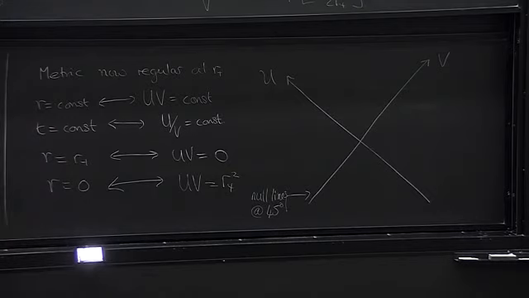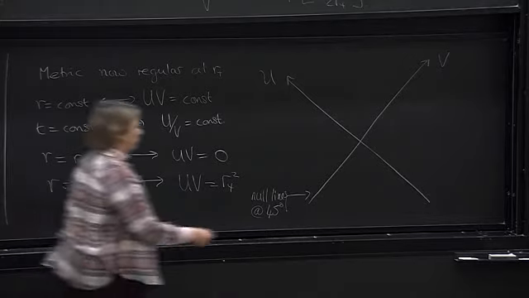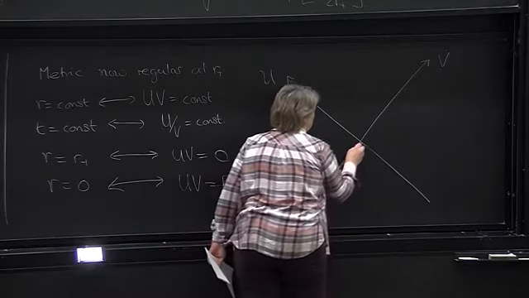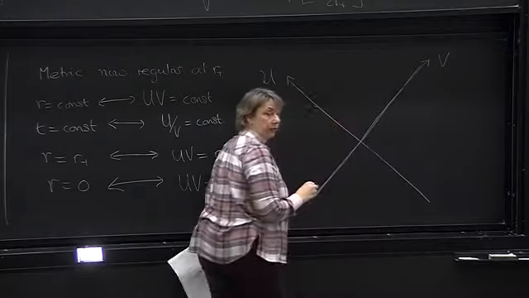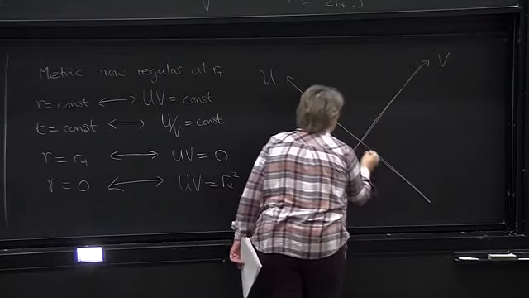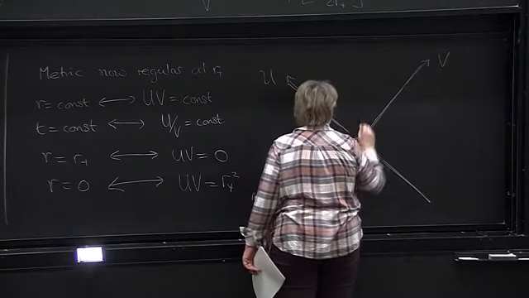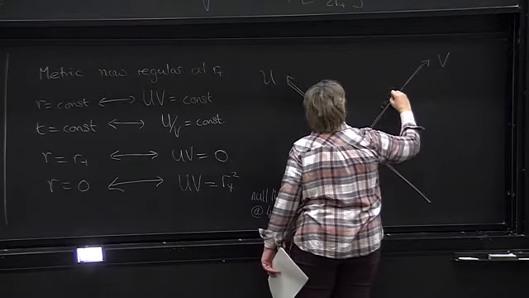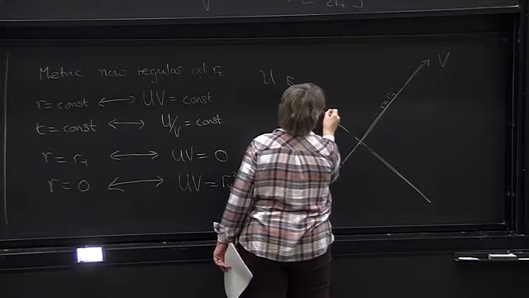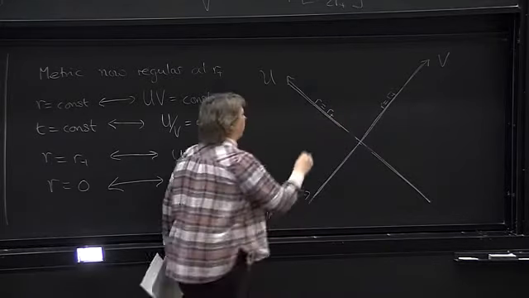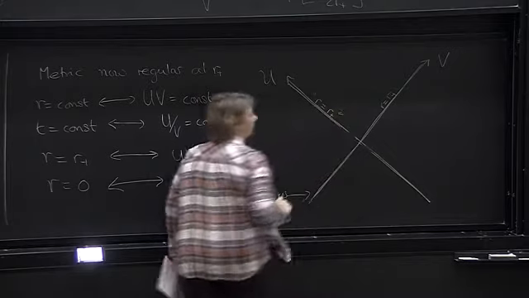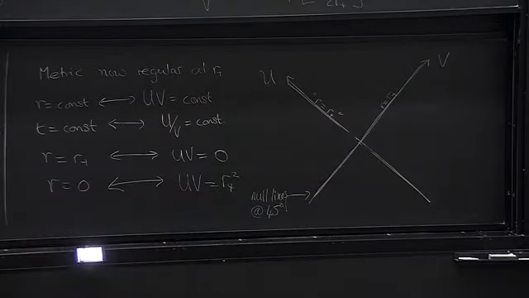If I look at the condition that uv is 0, well, uv is 0 if u equals 0, which is this line here, and if v equals 0, which is this line here. So this whole cross is r equals r plus, which I'll put over here in inverted commas.